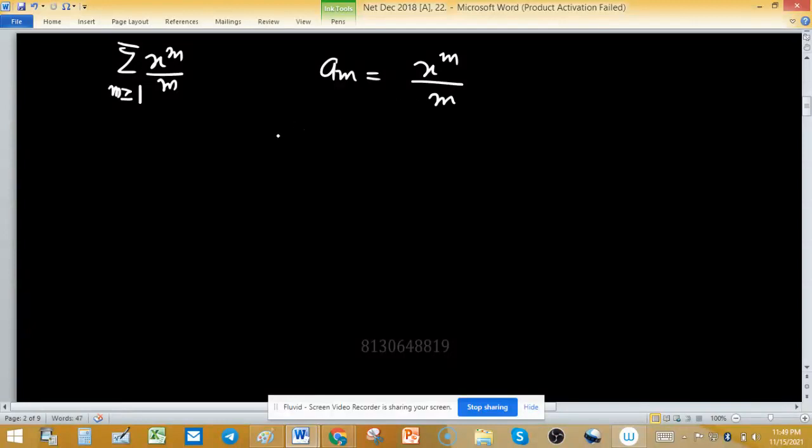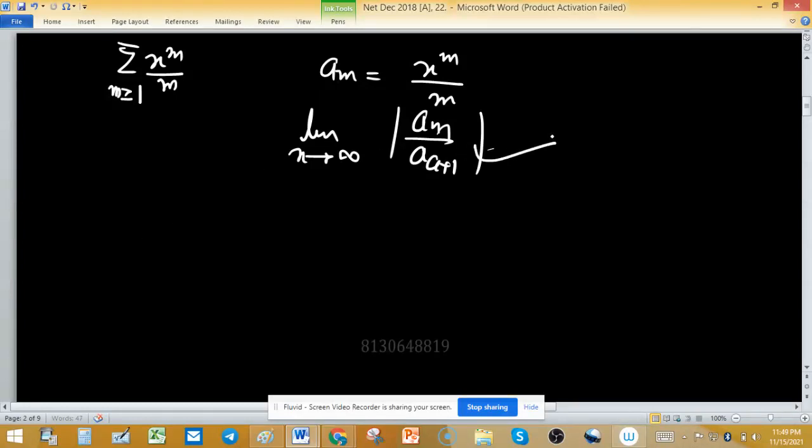Using the ratio test, we have to find the limit as m tends to infinity of mod of a_m upon a_m plus 1. We need to take the mod because we are checking absolute convergence of the series. If the series is absolutely convergent, then it will be convergent. So we need to take the mod of this one.